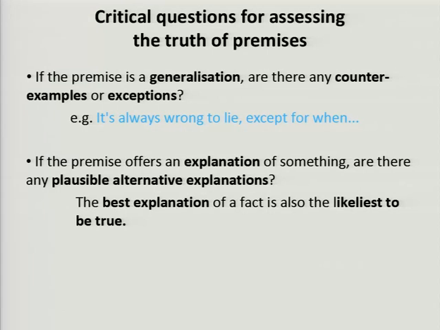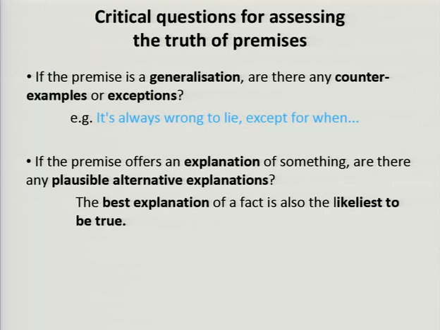And here's another one, and this is fairly characteristic in science, so you'll often find it in scientific investigations, scientific theories or models. Let's say a premise offers an explanation of something. That's where the argument comes from, the way in which it is supposed to support the conclusion.